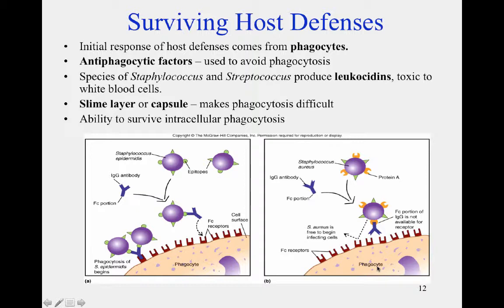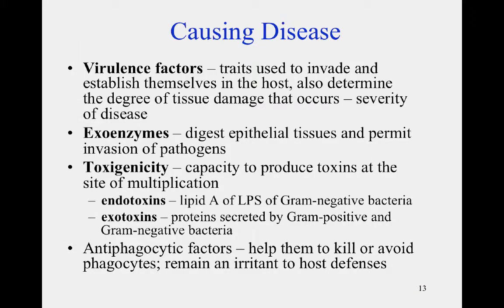So they would rather replicate within the white blood cell and then cause the bursting or the lysis of that white blood cell. So it kind of tricks our cells into thinking that it's engulfing the cell and killing it when really it starts to replicate.